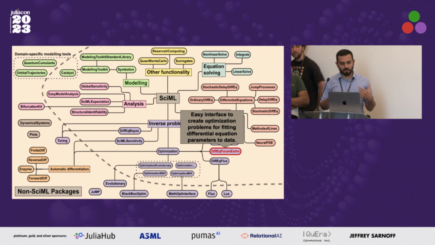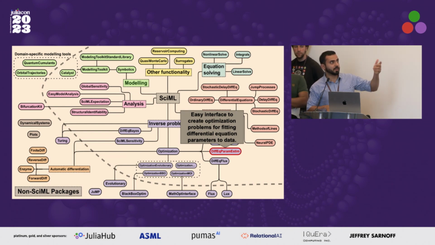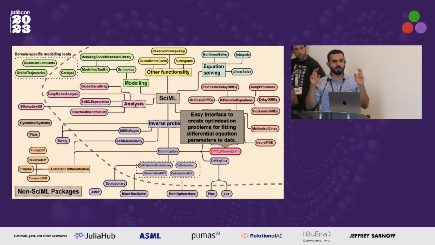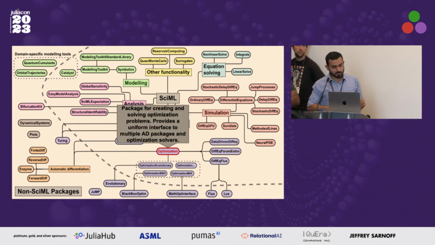There are at least 3 or 4 different ways you can do that, but the simplest is to use DiffEqParamEstim. It takes your ODE, or whatever differential equation problem you have, and gives you an optimization problem, and it's all automatic. The optimization problem comes from the Optimization.jl package.